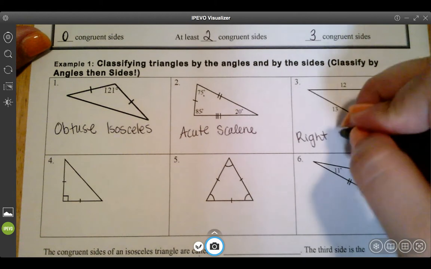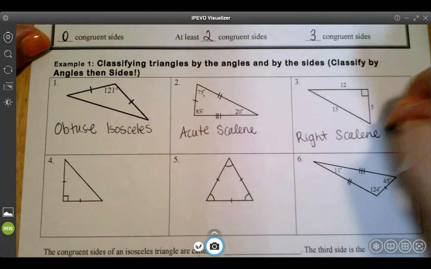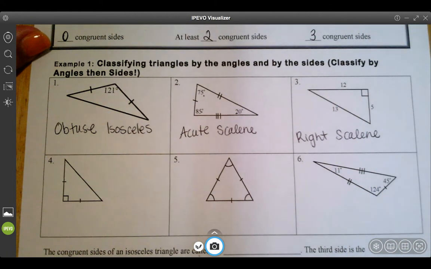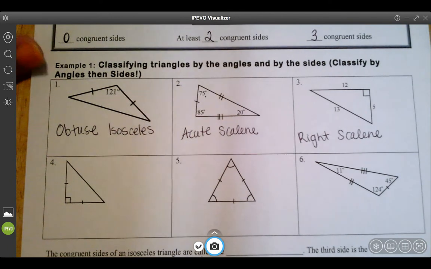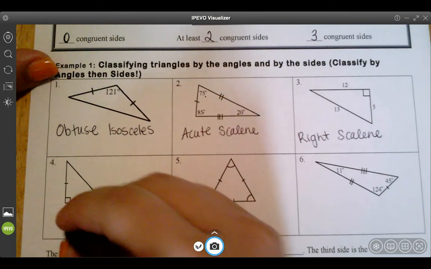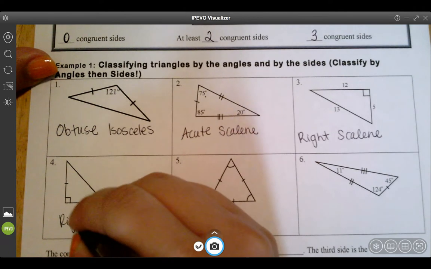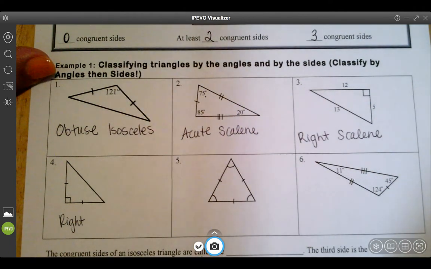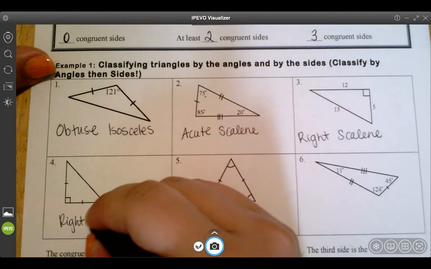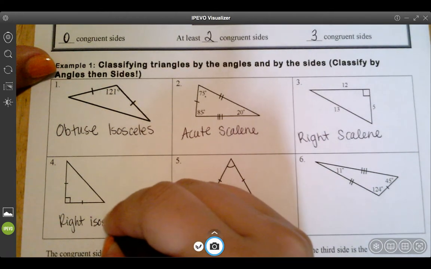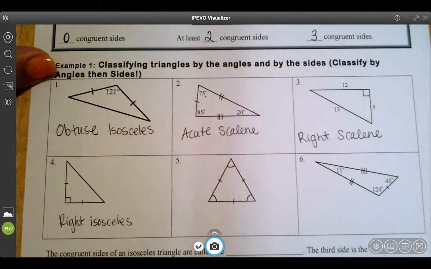None of those are the same, so this is scalene. On number 4, again, we have that little right angle there, so that tells me this is a right triangle. The 2 congruence marks tell me that this is isosceles.